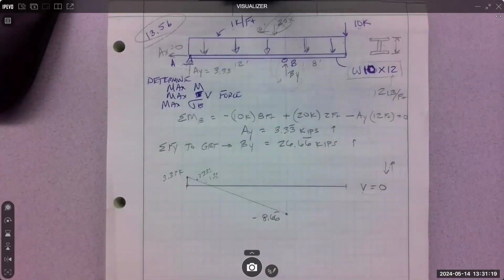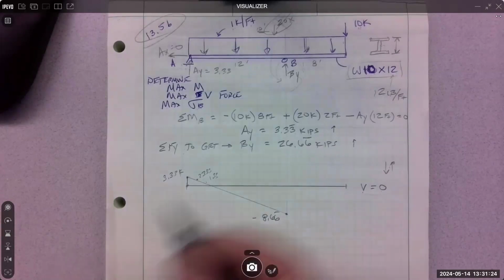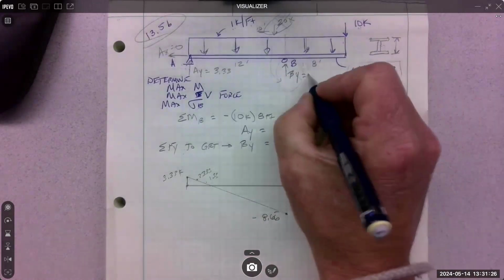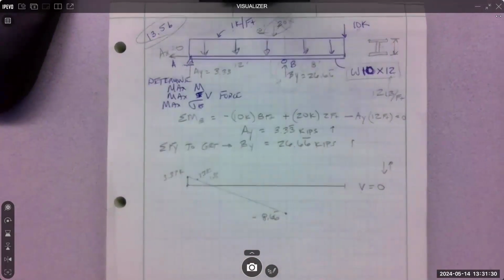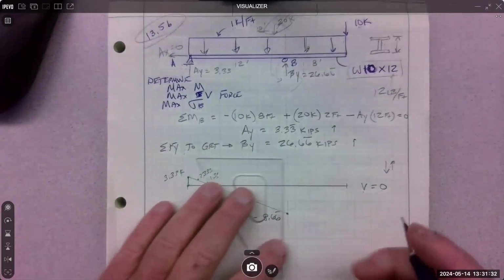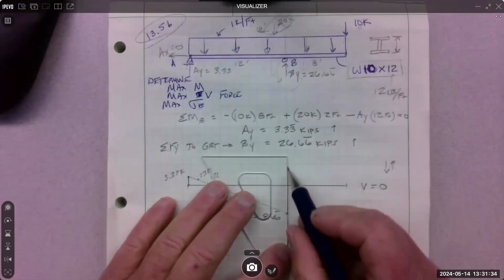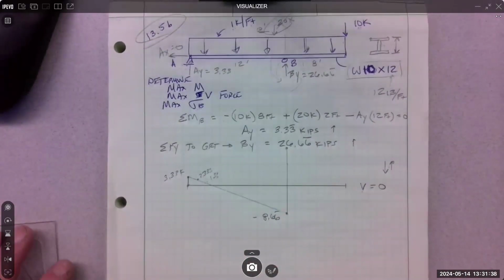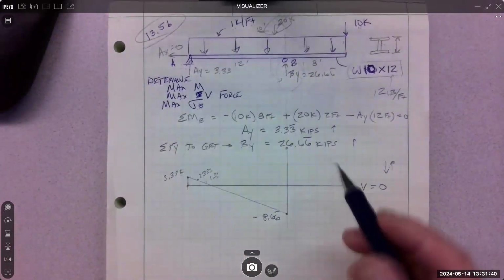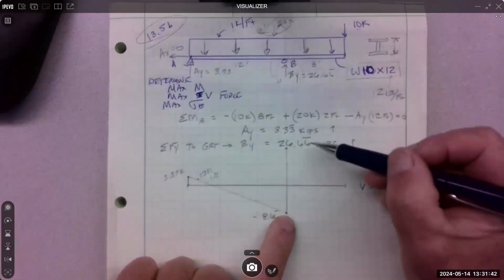Go back to the distributions for sure. Okay? What was By equal to? Which way does By go? Up. Yeah, and I even missed my scale because this should go way up there, but I'm going to stop it right there. So it goes up a total of 26.66.